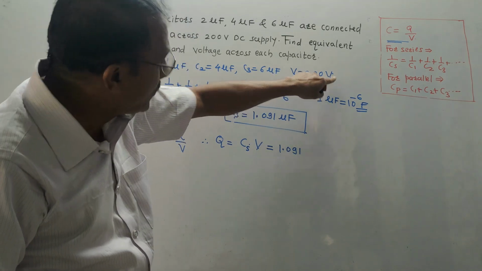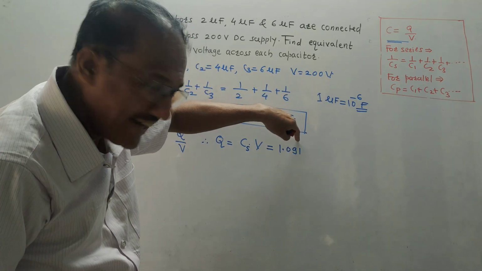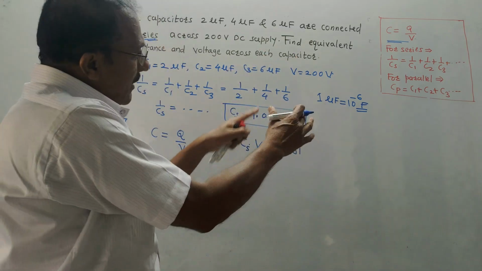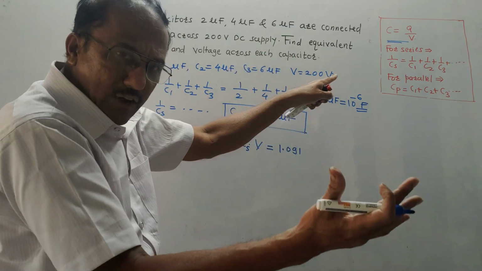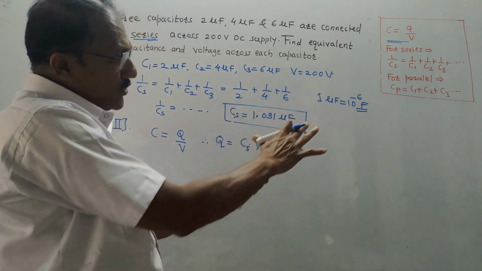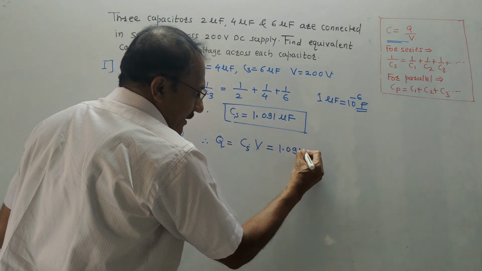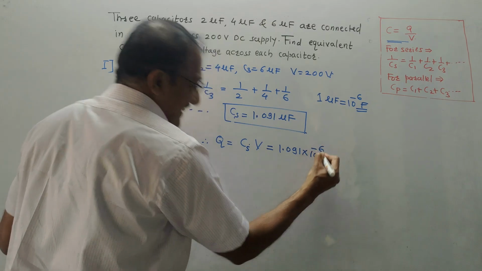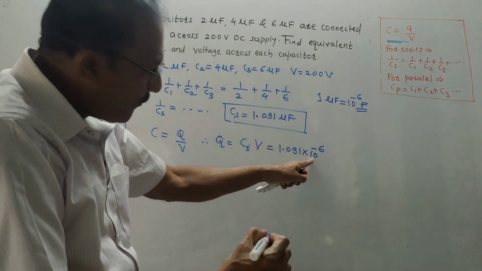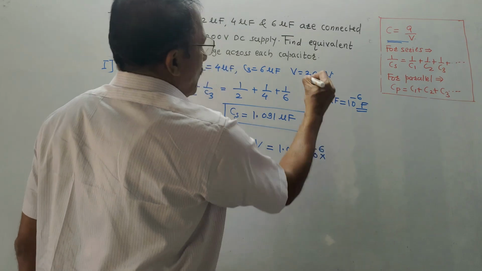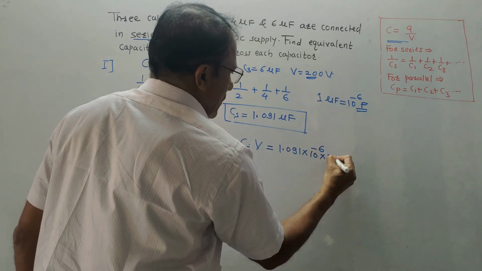It is an SI unit. So I need to convert this microfarad into farads, because voltage is not given in microvolts. It is given in volts. So all the units must be the same. So this value of Cs is 1.091 into 10 raised to minus 6, to make the conversion into farads, into the value of voltage, that is 200.